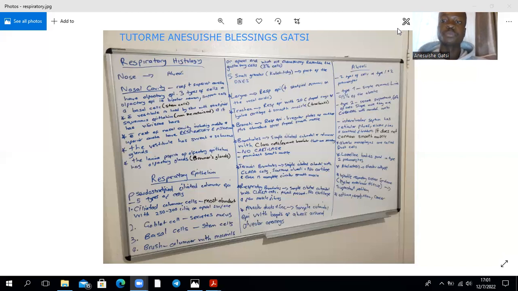Then your olfactory glands, or the Bowman's glands, are going to be tubuloalveolar serous glands of the branched type, meaning they are compound tubular alveolar glands, right? The secretions that they secrete are proteinaceous, meaning it's a serous gland.